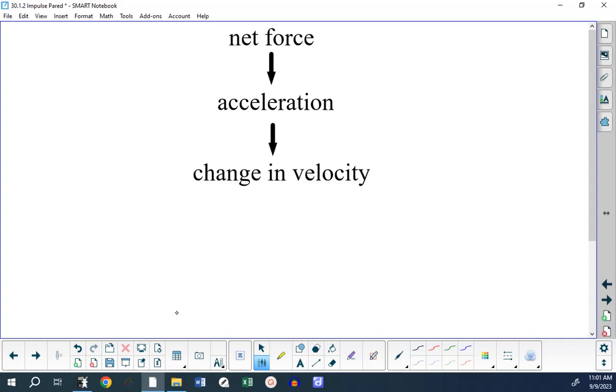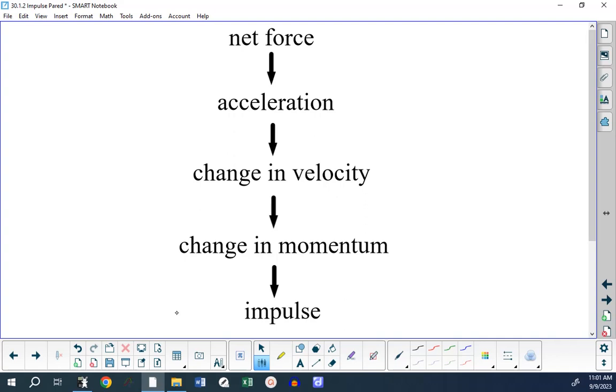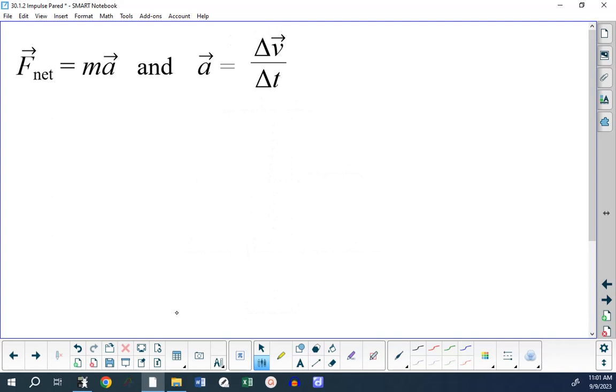What I'm saying is the net force produces an acceleration. That acceleration produces a change in velocity. A change in velocity, by definition, is a change in momentum, and that's what impulse is. I'm saying there's got to be a connection between net force and impulse, and here it is. The net force is equal to ma, and acceleration is equal to change in velocity over change in time.